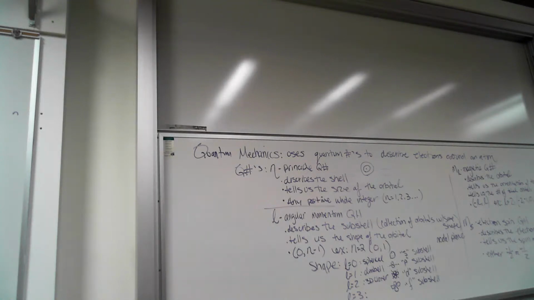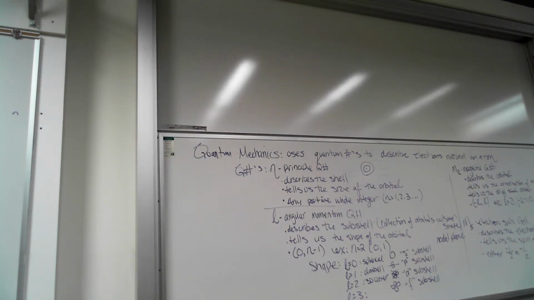This is our N2L0. What are our M sub L's for an L of 0? Zero, because M sub L ranges from negative L to positive L, negative 0 to 0, it's just 0. And that makes sense because a sphere can only be oriented one way. It doesn't matter how you turn it, it's still just going to be a sphere. Make sense? Cool beans.